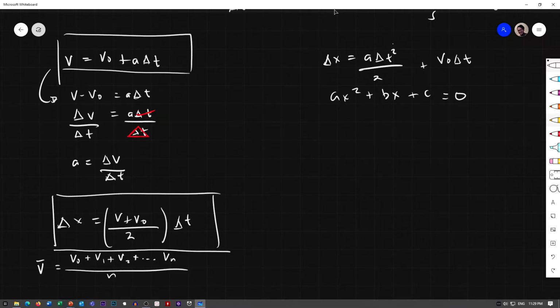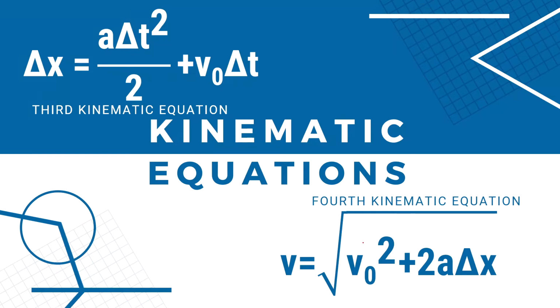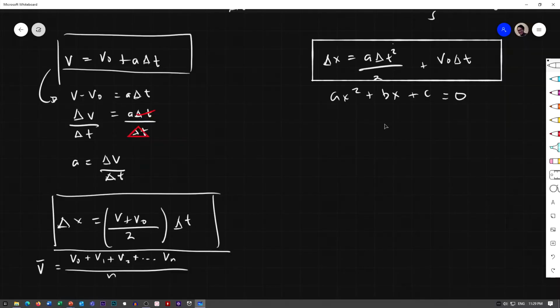Then finally, our fourth equation, we have this, although either way of writing it is fine. Some write it like this: v squared is equal to v sub 0 squared plus 2a delta x. Or you can take the square root, so v is equal to the square root of v sub 0 squared plus 2a delta x.